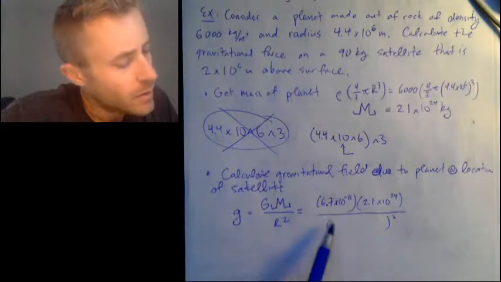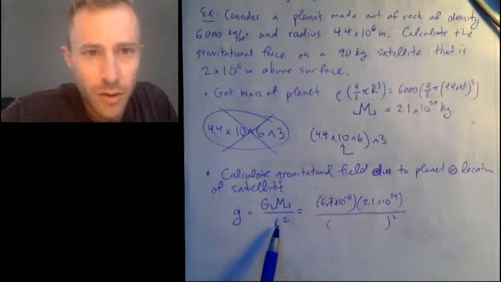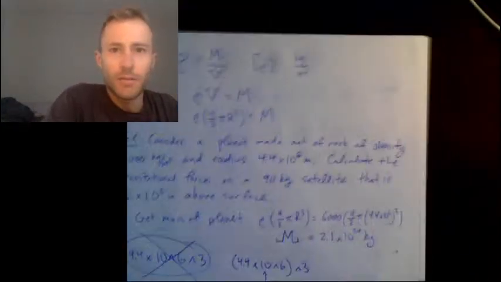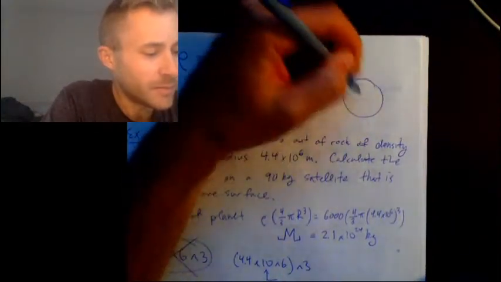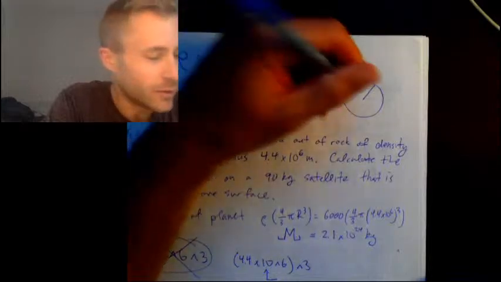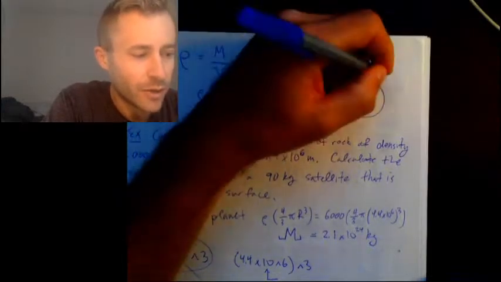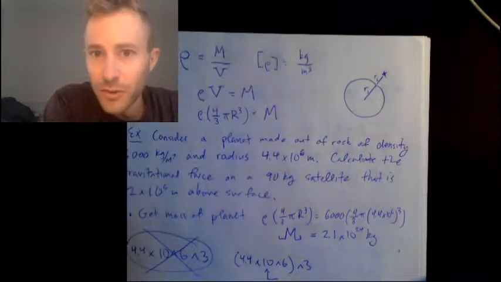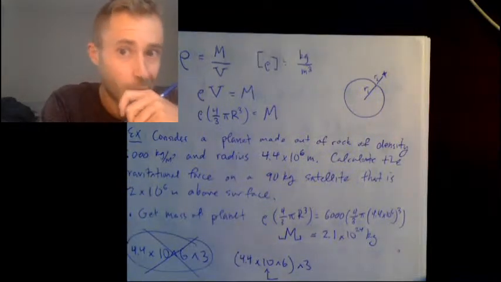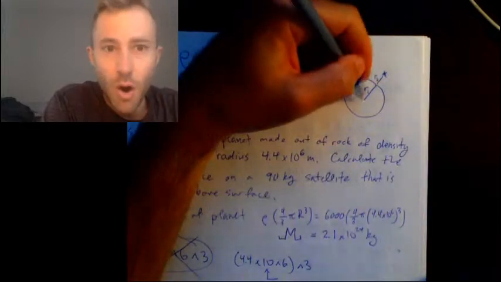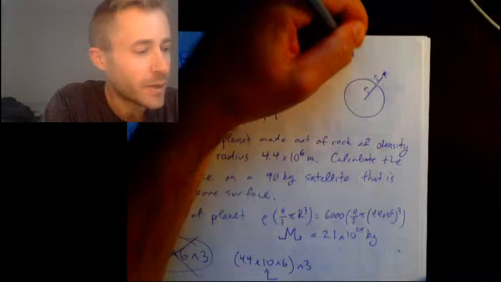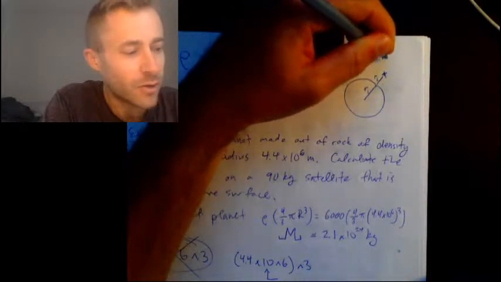All right? The reason we have to be careful is this R in this equation represents the distance between the centers of the objects. So, if this is a planet and the radius of the planet is, say, R1, and you're a distance R2 above the surface of the planet, then the R value you use in Newton's law of universal gravitation is going to be R1 plus R2.